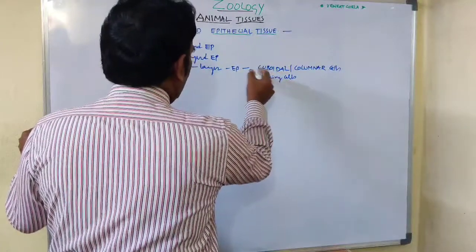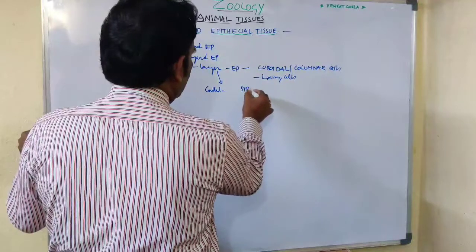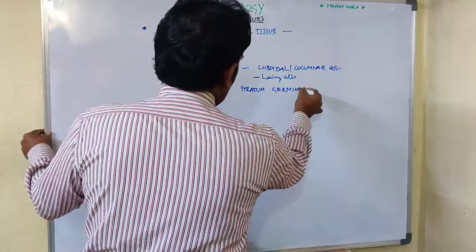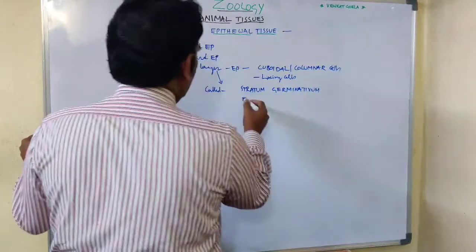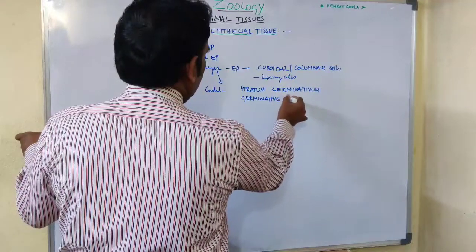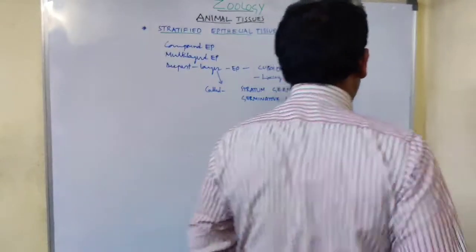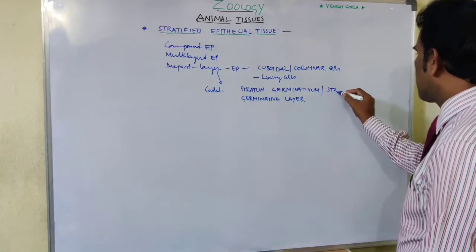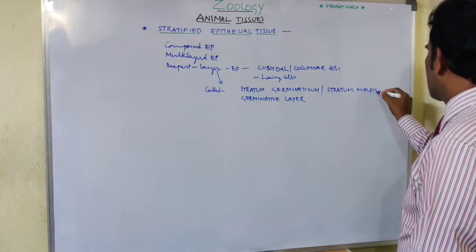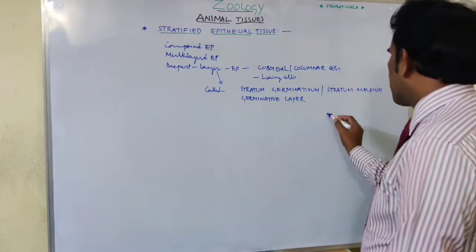This layer is called the stratum germinativum, or germinative layer, also known as the stratum malpighi.